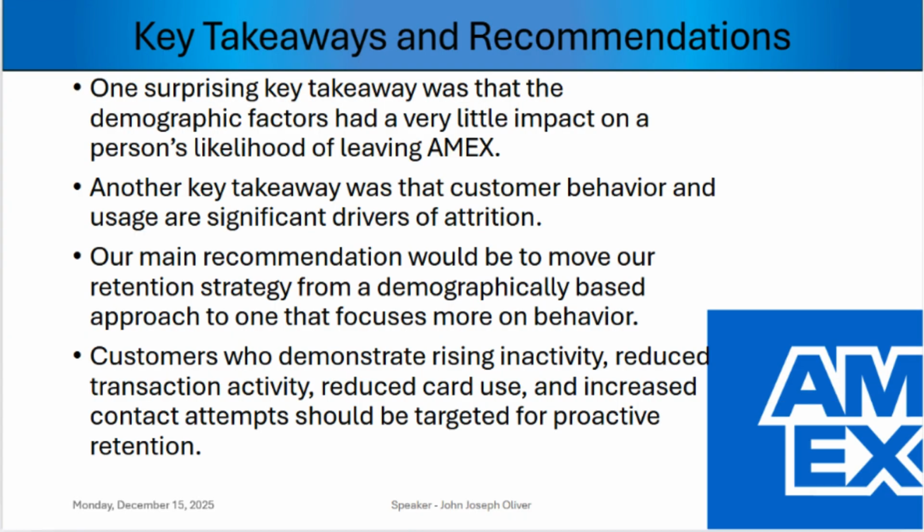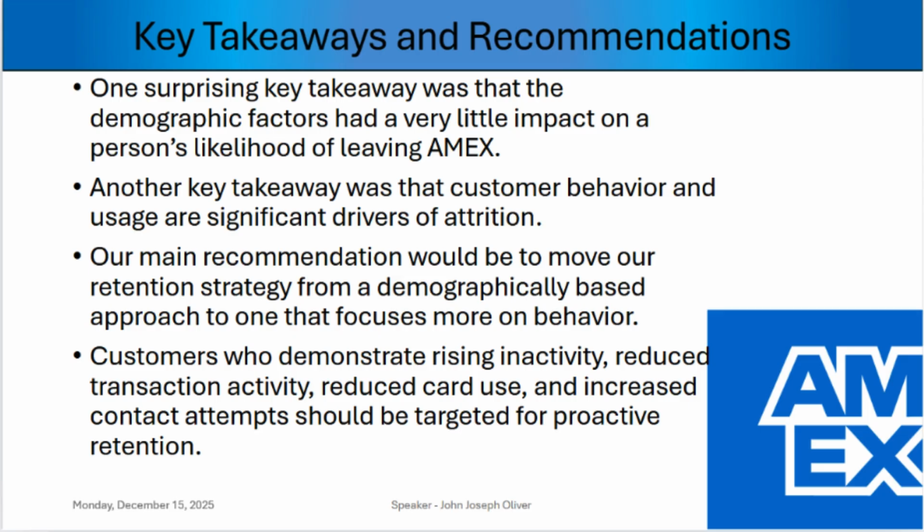Some of the key takeaways from our tests was that attrition rates had little to do with the demographic factors and more to do with behavior and usage, which turned out to be significant drivers of attrition. The insignificance of demographic type variables only strengthens the key insight that the risk of attrition is mainly driven by how clients interact with their own accounts.